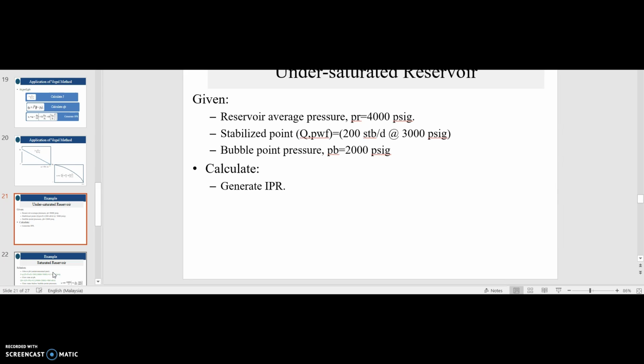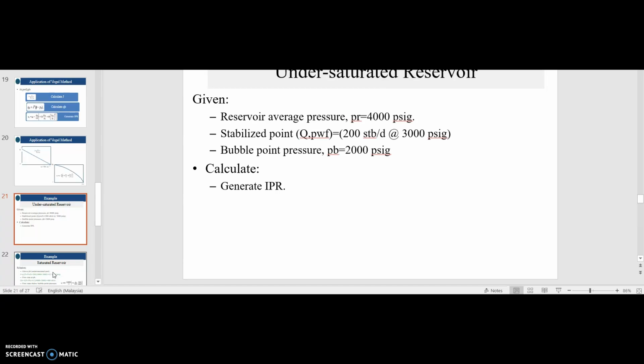Okay, this is an example. We have a reservoir average pressure of 4,000 and the bubble point is 2,000. That means the reservoir is originally undersaturated, and we have a stabilized point of 200 at 3,000. That means the stabilized point is at pressure above bubble point, within the undersaturated range of pressures.